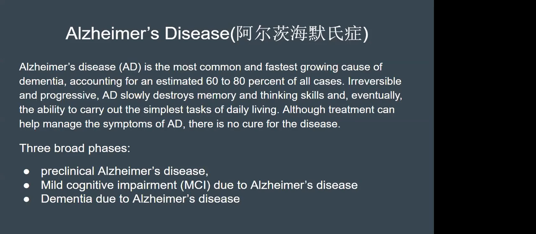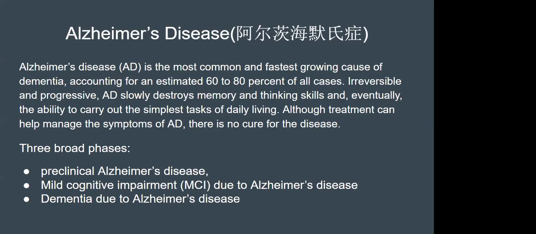Irreversible and progressive, AD slowly destroys memory and thinking skills, and eventually the ability to carry out the simplest tasks of daily living. Although treatment can help manage the symptoms of AD, there is no cure for the disease.